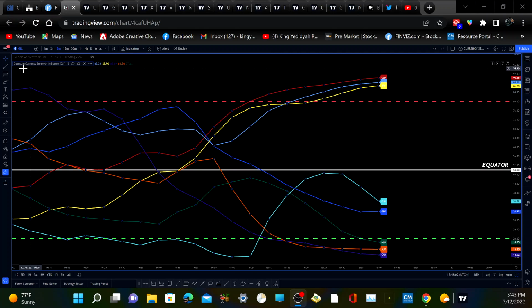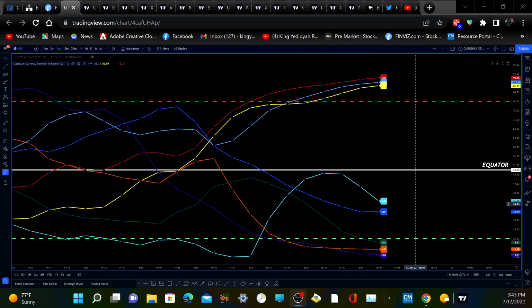This right here is the quantum currency strength indicator, and as you can see, the GBP currency is moving down, right? This is my own little creation. It's like the mean, the midway point. I call it the equator. So anything diving below that, I'm looking to short.